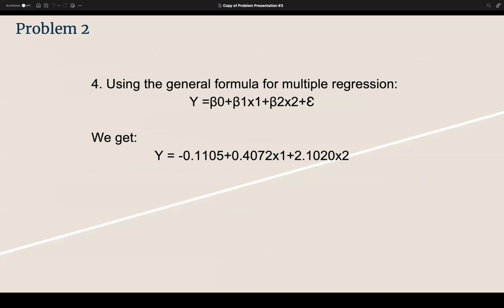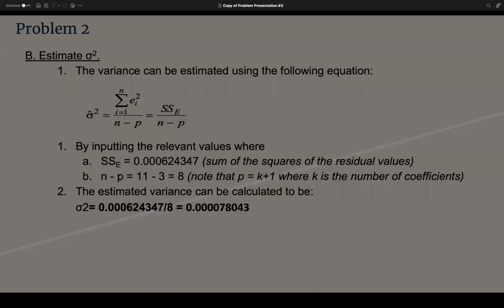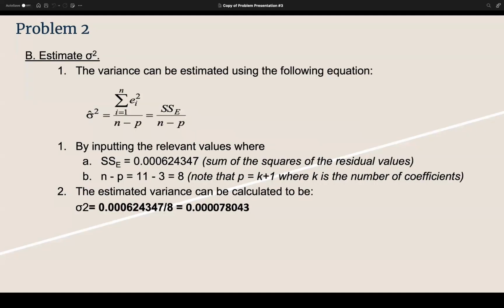And using the general formula for the multiple regression model, we plug in the obtained beta values. Then we get y is equal to negative 0.1105 plus 0.4072 x sub 1 plus 2.1080 x sub 2. Now, in estimating the variance, we would use this equation.